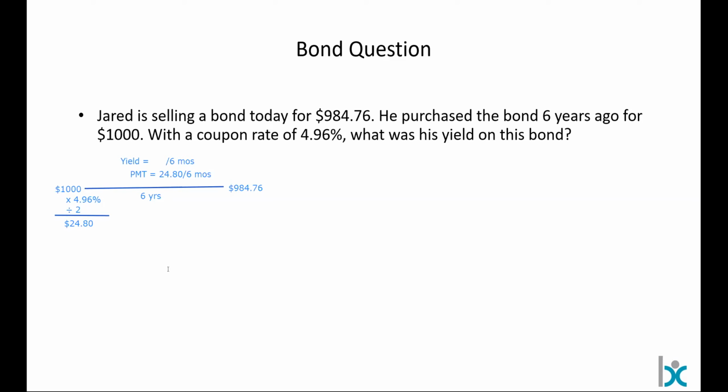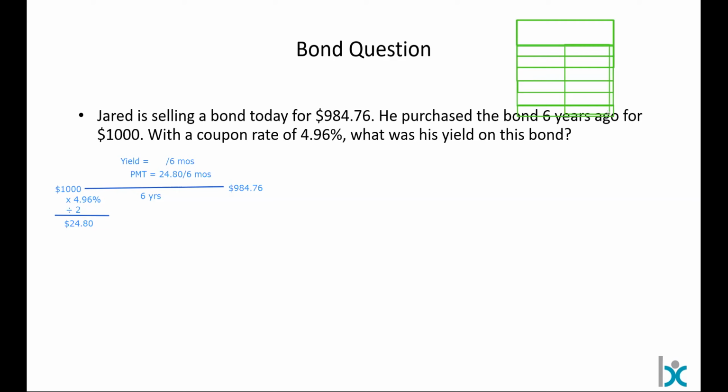If you're having trouble with bonds, what you can always do is step back and do the very basics of the bond. And I know this bond would have looked something like this. That's pretty close. Okay.